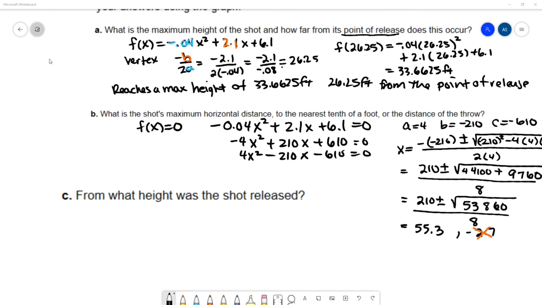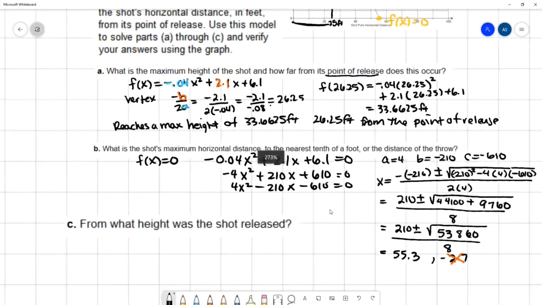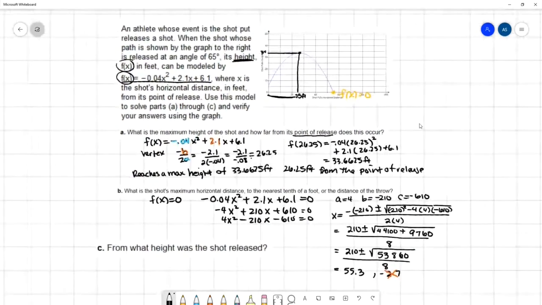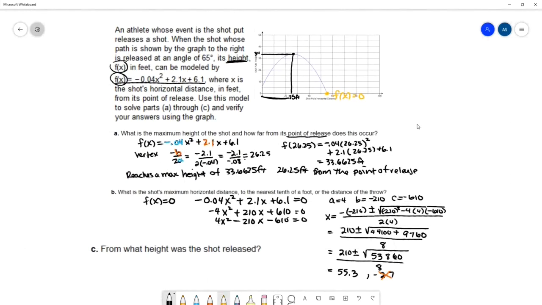All right, so we have one more part, and that question is, from what height was the shot released? I'm going to zoom out a little bit so we can see the picture they gave us again. Based on this picture, it looks like the original height is in between 5 and 10 feet.